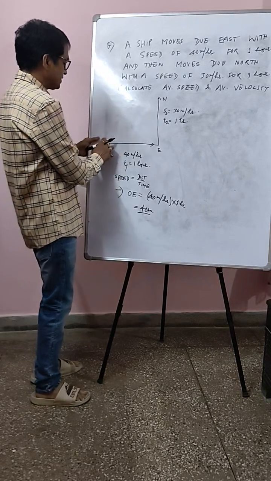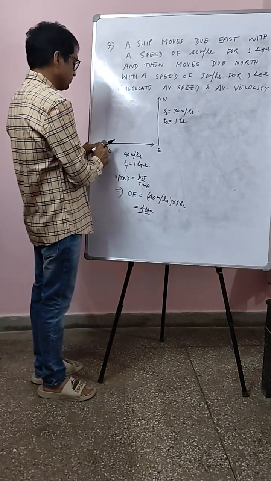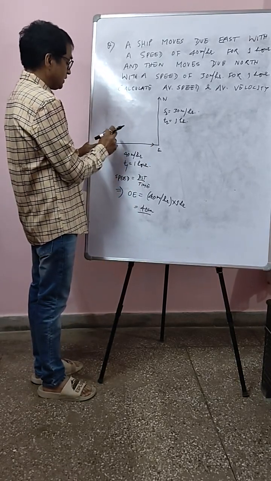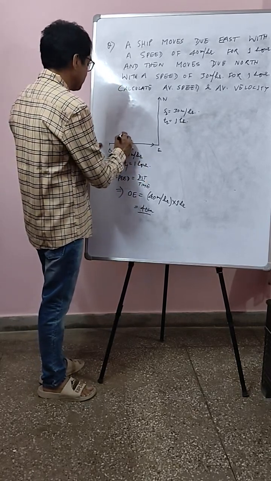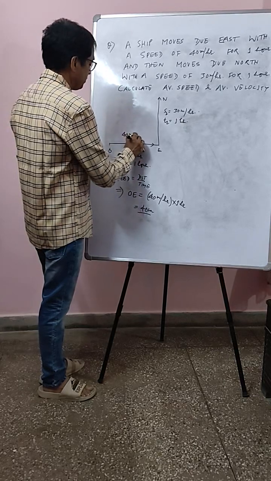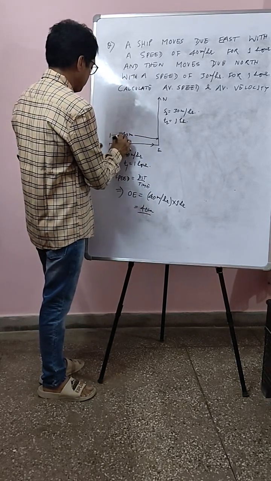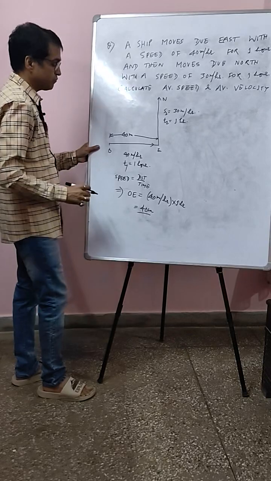He covers this distance in 1 hour with a speed of 40 meter per hour. So this distance OE is 40 meter.